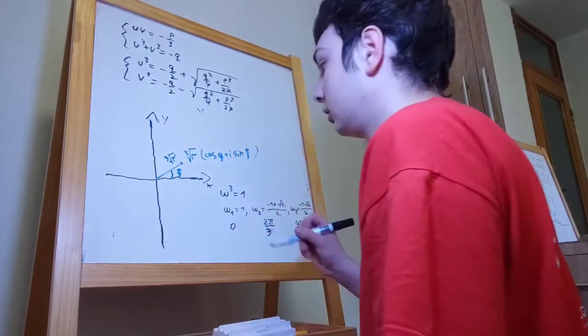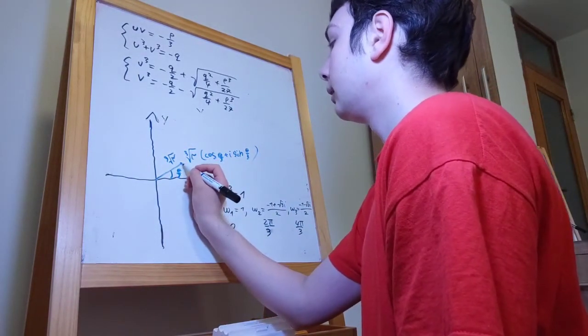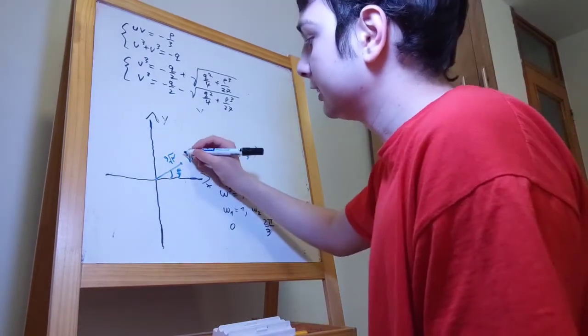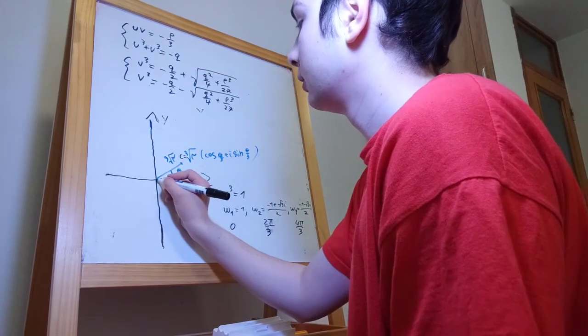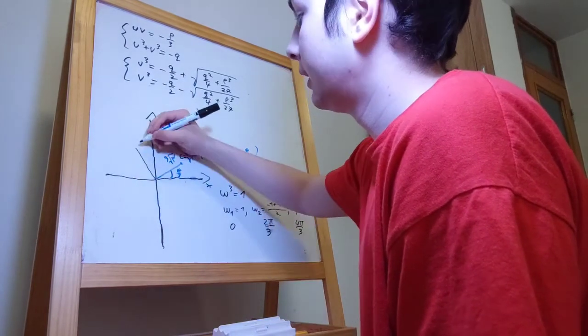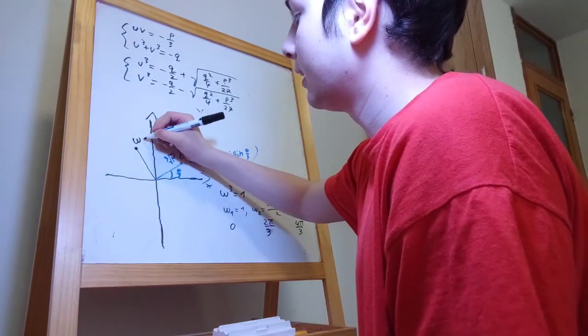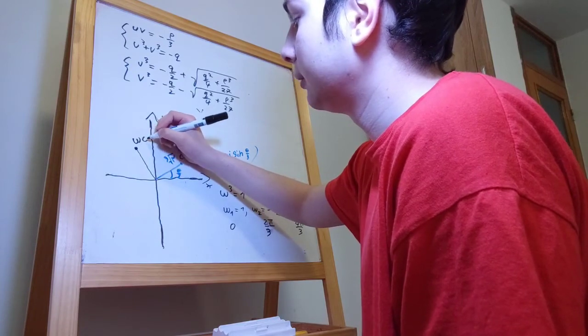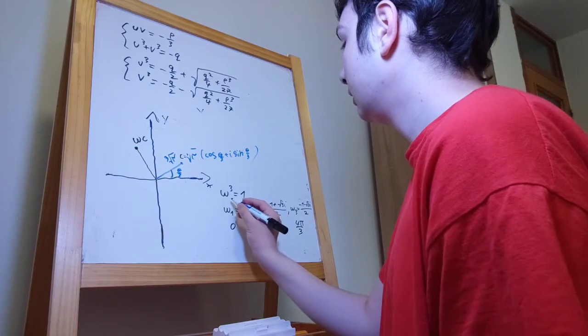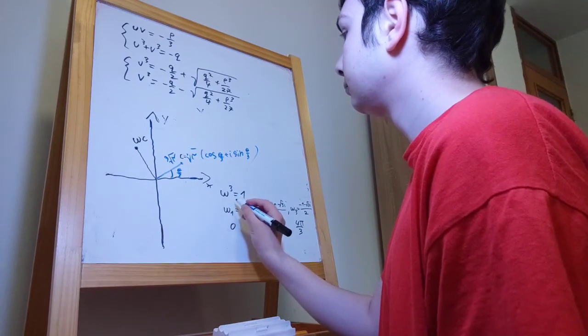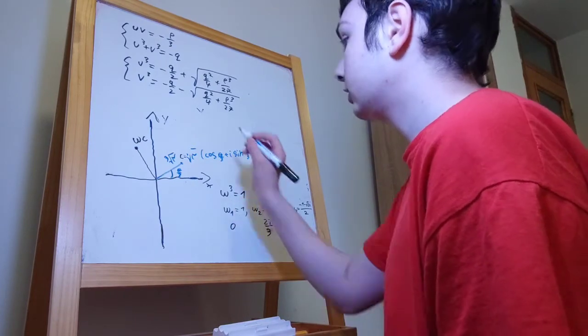Actually it has two more numbers. We can call this to be a c. This guy right here is omega times 1 times c, and this is omega 2.